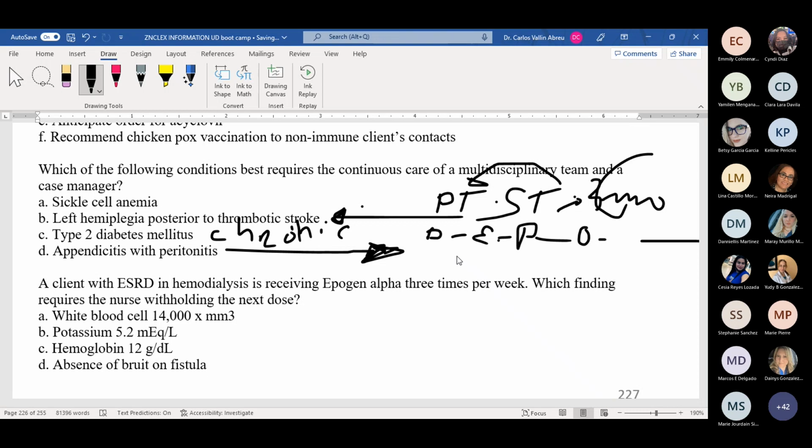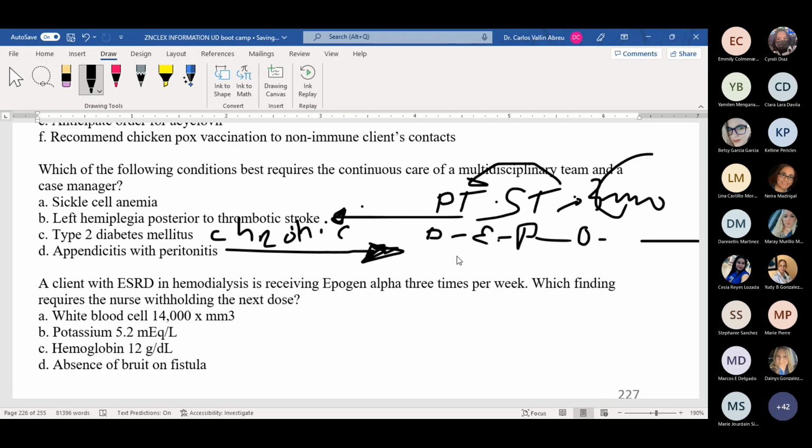The stroke that was left with hemiplegia, a stroke that already happened, or the patient that is diabetic? Now it is between these two. Which one do you think is going to need it? B as in boy? Yes, C as in cat. So everybody agrees that it's C as in cat.